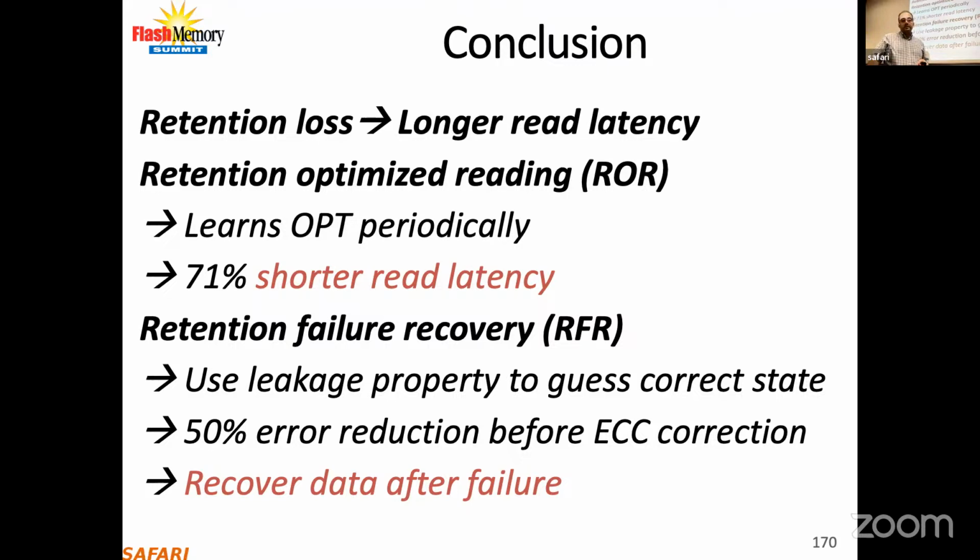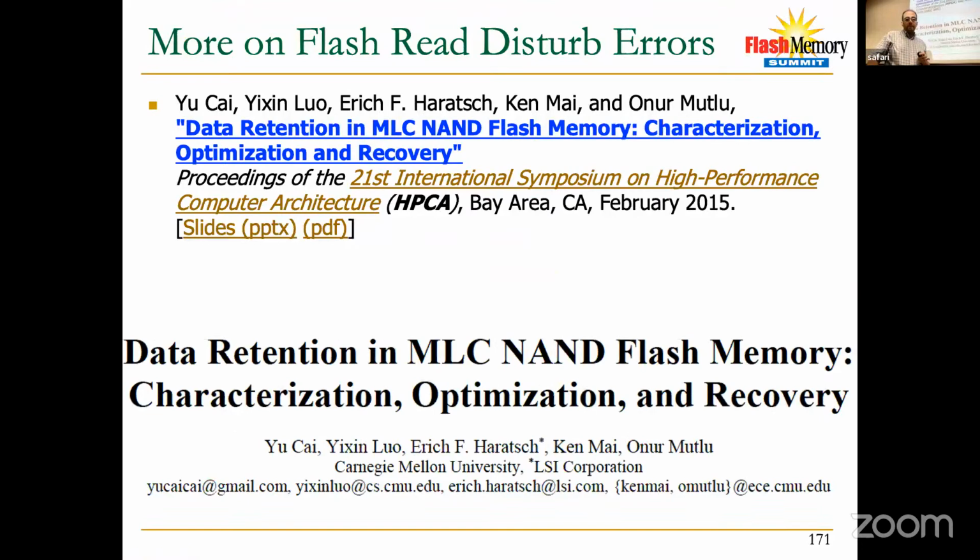And we have this retention failure recovery technique that uses the leakage property to guess the correct state. We could reduce the number of errors by 50%, and the rest of the errors, ECC can hopefully fix. If you are interested, you can check this paper in HPCA 2015.